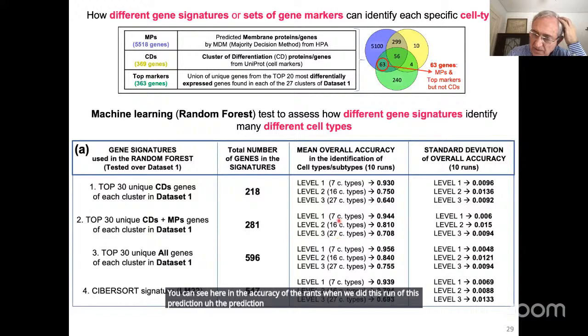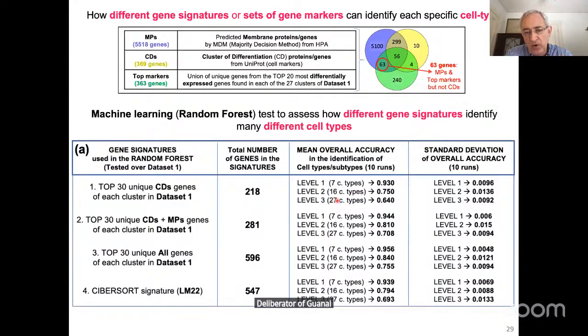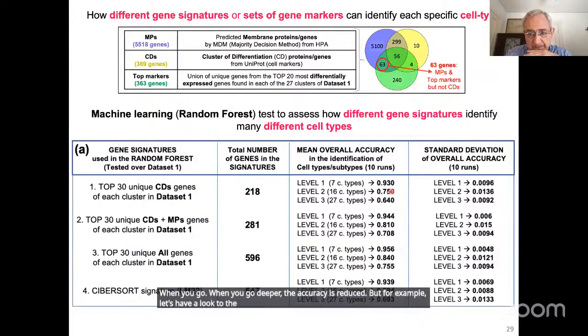of course, you see what is this 7, 16, 27. It was, I told you, the level of granularity, no? The level of granularity when you go deeper, the accuracy is reduced. But for example, let's have a look at the middle here.